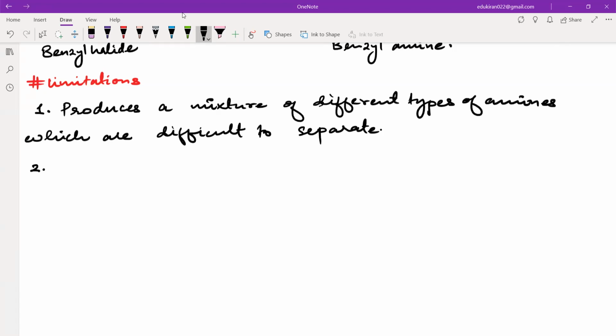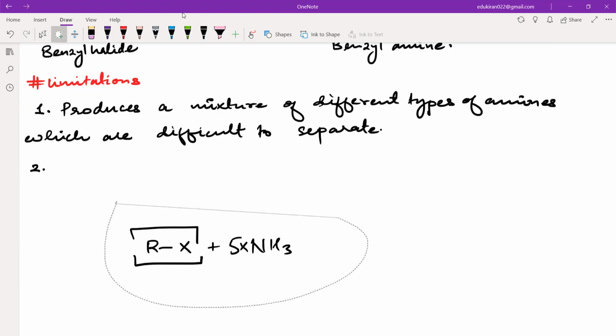Okay. Second thing is, if I want to have only 1 degree amine, then I will have to use an excess of ammonia, because see, if I have RX and if I have too much ammonia, like NH3 is 5 times the initial amount of RX, then what is going to happen? The collision of RX is probably going to happen with NH3 only rather than any 1 degree or 2 degree amine.